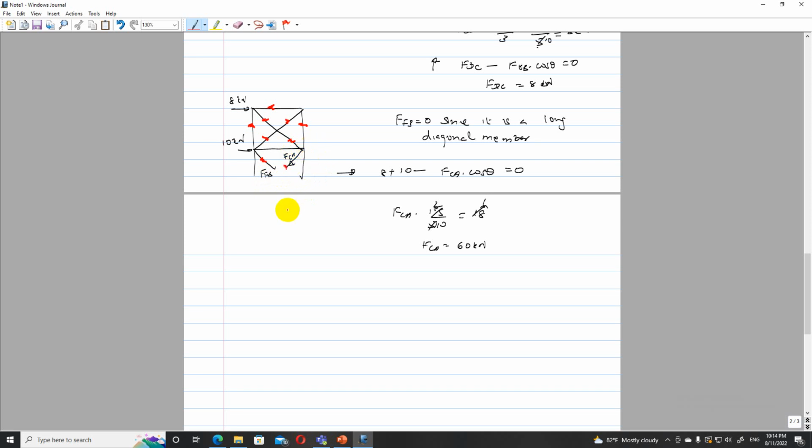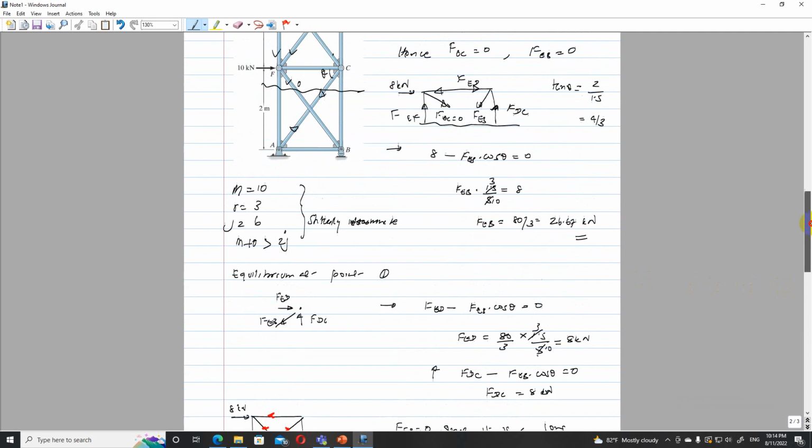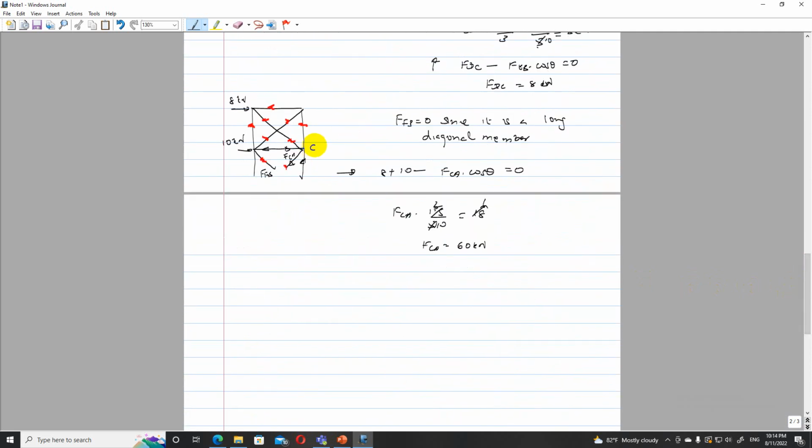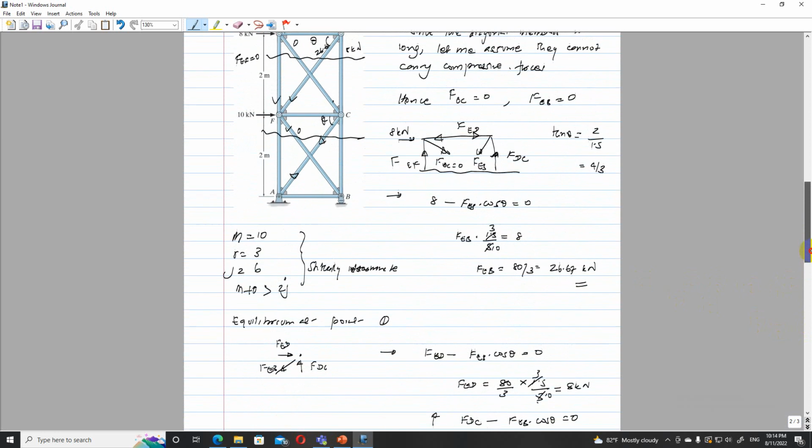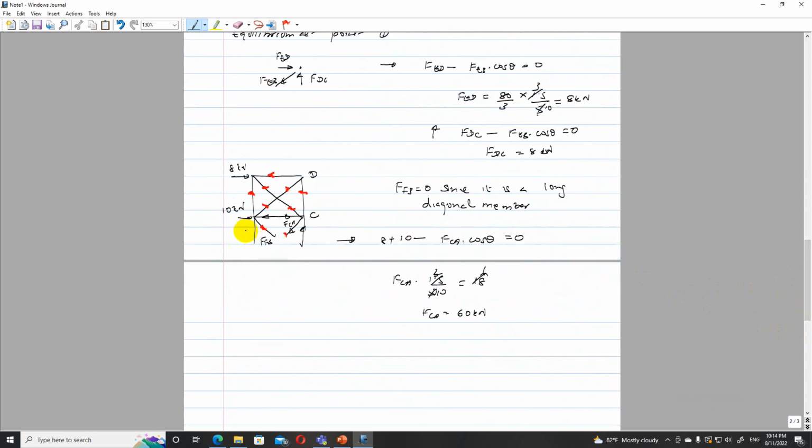Okay, so now what we need to do is, if I mark this one as compression and if I mark this one as compression, so at this point we take equilibrium C, CD, FE.